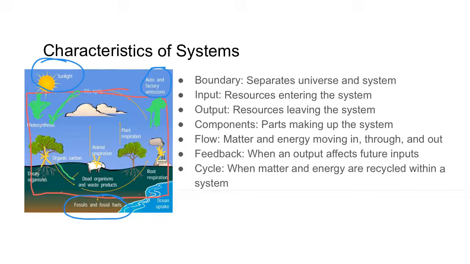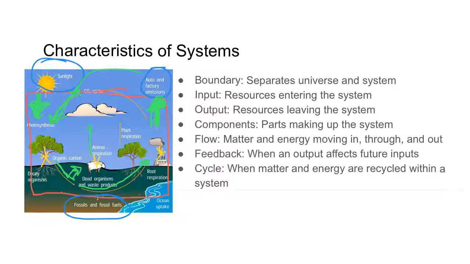Organisms eat this carbon and give off respiration, which goes into the carbon dioxide, which is used for photosynthesis, and then is used as organic carbon, and then animals might eat it. Or we use some resources for our factories, and they give off auto and factory emissions, which then go over here. But we're constantly recycling this carbon within our system, and that's called the cycle aspect of the system.